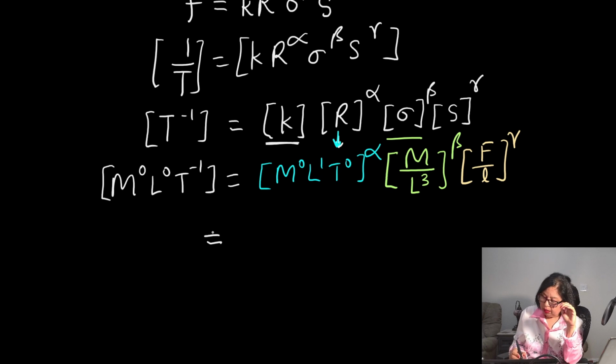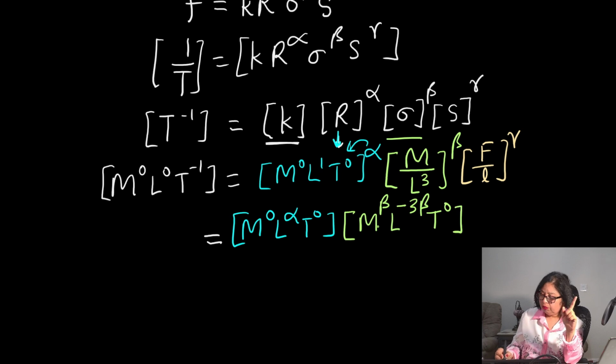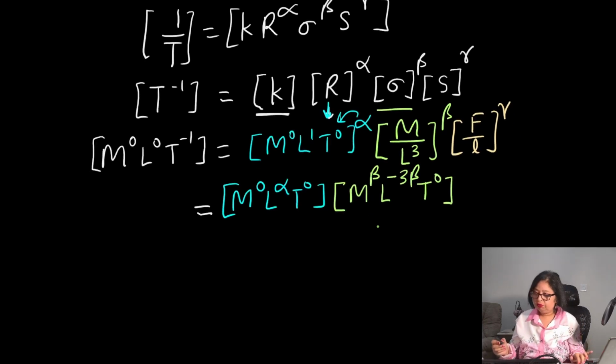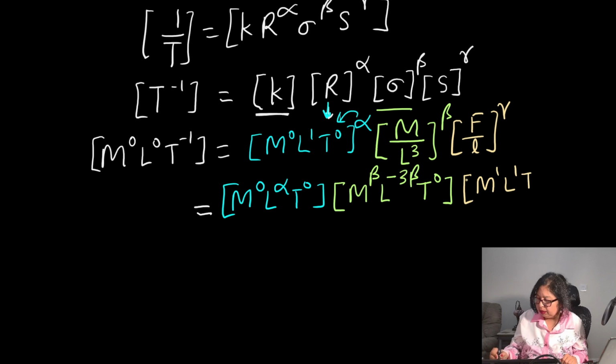Okay, this will give me, now bringing this alpha inside, m to the power 0, L to the power alpha, t to the power 0. And over here I will get m to the power beta, L cubed comes upstairs, becomes L to the power minus 3 times beta, which gives you minus 3 beta. And there is no factor of t there, so t is to the power 0. And for force, we know that force is m1, L1, t minus 2.